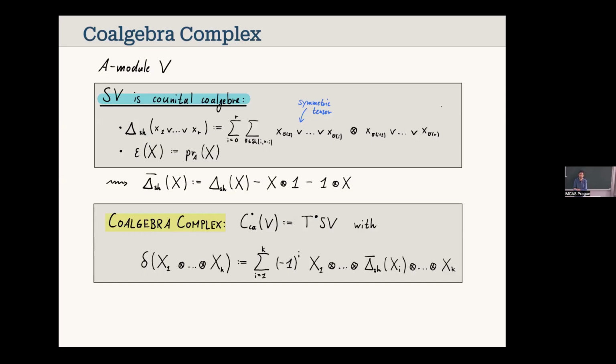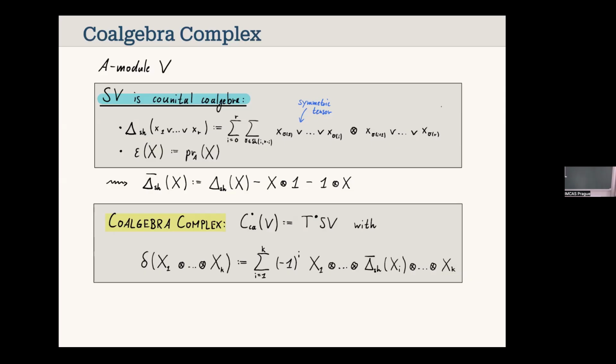Just a quick question, Marvin. Here, the 0 degree of the symmetric algebra, is this the ground field or is it the algebra? Because you project to the algebra, so I was guessing that you build this over the algebra? Yes. Then the tensor product should also be over A, I guess. No, it should not. Wait.